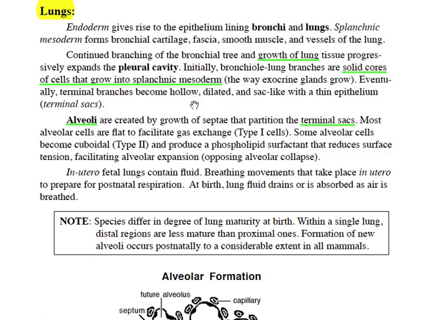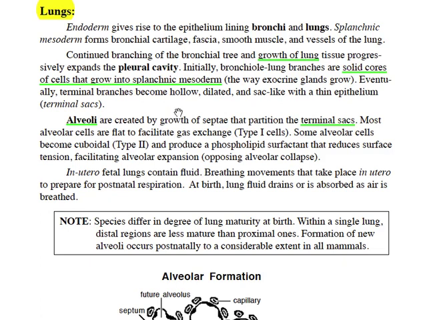Eventually, the bronchial branches hollow out, and the terminal branches become hollow, dilated, sac-like structures, which are called terminal sacs, composed of very thin epithelium. Alveoli are formed by septae that grow into the terminal sacs, greatly increasing the surface area.